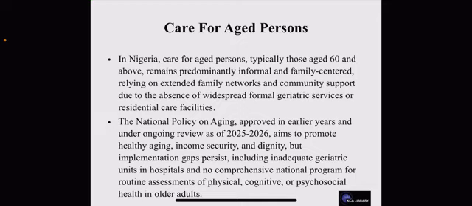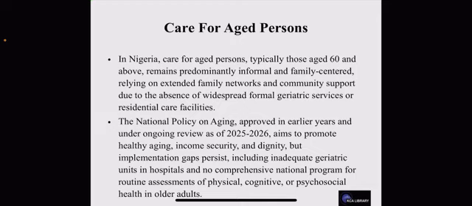So the National Policy on Aging, approved in earlier years and under ongoing review as of 2025-2026, aims to promote healthy aging, income security and dignity, but implementation gaps persist.